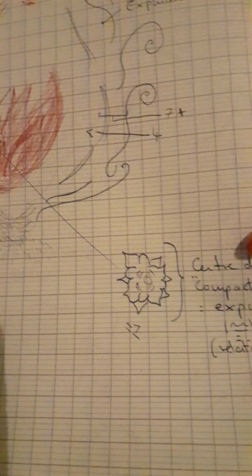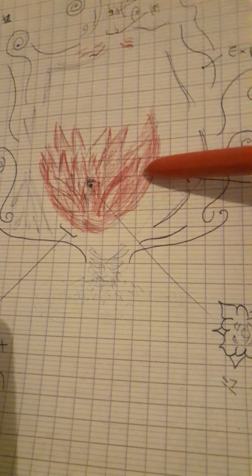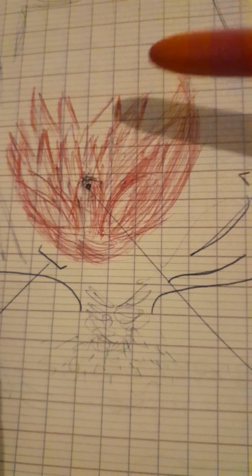This here is the center of the compact. As you see, the fire is the compact part, and the little dark point is the center of the compact. As it is the center of the compact, there will be a going back of the energy. The energy will reverberate on this compactness, because we arrive at a point where it can't really be compacted anymore, as infinite energy is infinite.